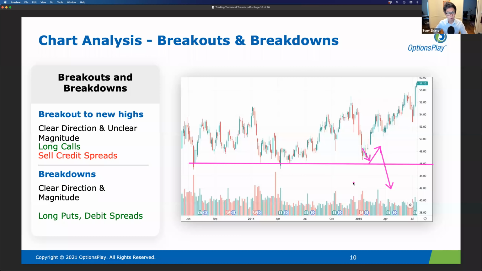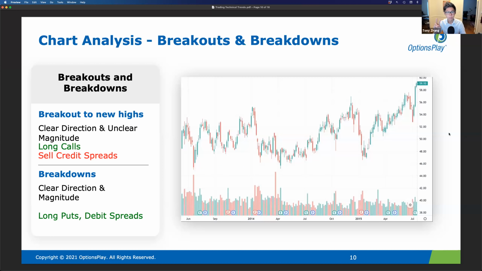Those can be your target prices. So for those, we tend to find that debit spreads many times are useful. Long puts can be used as well, especially if there's a catalyst event. Let's say earnings comes out and a stock really starts to drop below support and you're expecting a quick and fast move, then you're better off buying an outright put rather than buying a put spread. But this is an example of some of the strategies that we trade here at OptionsPlay.